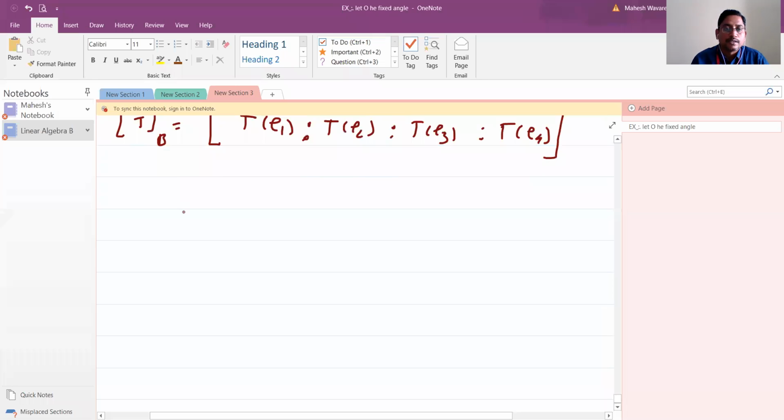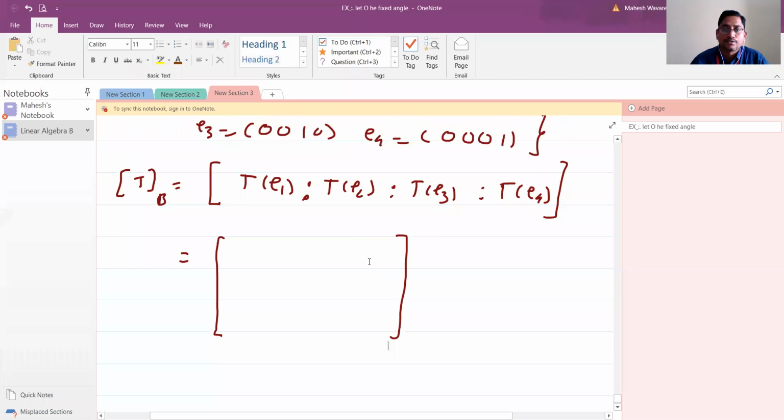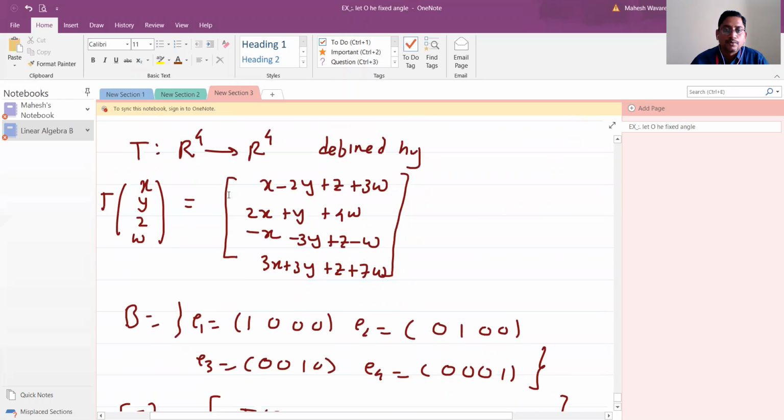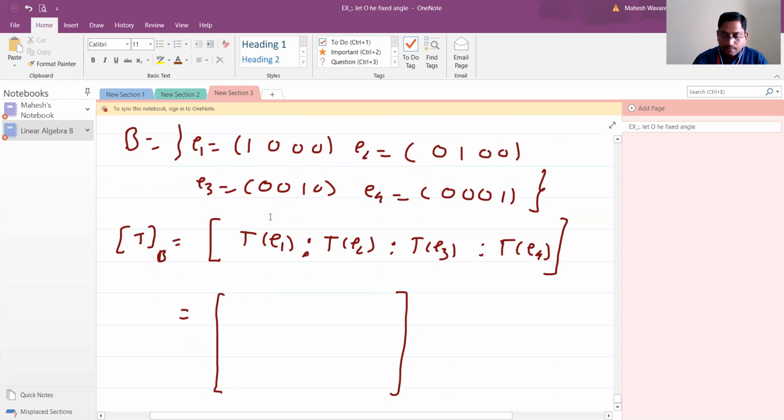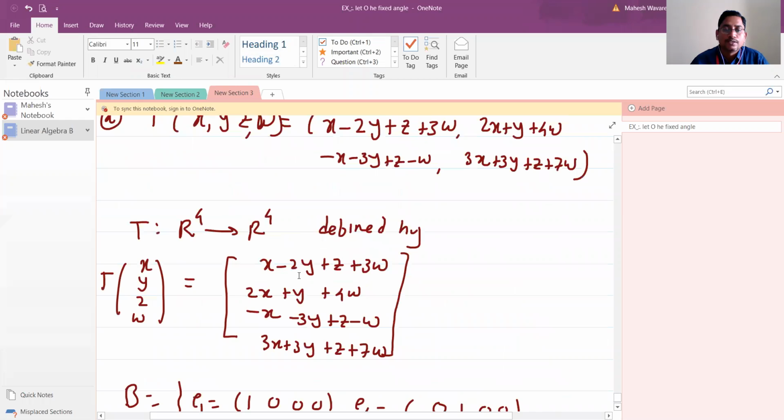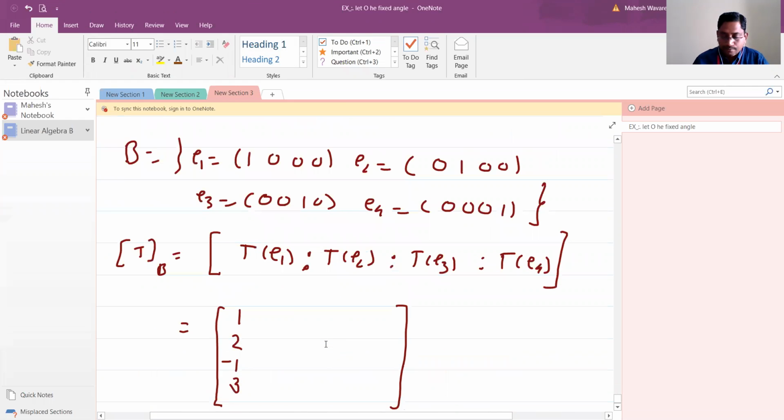Okay, I can write this matrix directly. One can say what the entries of this matrix are. T of E1: X equal to 1 and the rest all 0. So it is 1, 2, minus 1, 3. In the second column, Y is 1 and the rest all 0. So minus 2, 1, minus 3, 3.